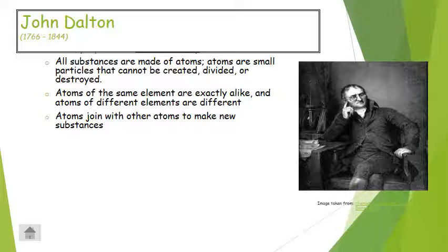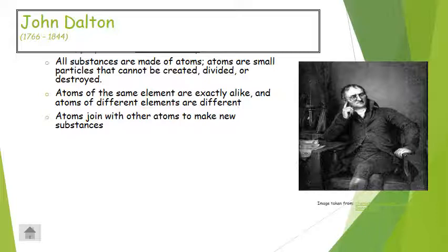Before atoms, it was pretty much thought that things were made out of qualities, like something was red or hard or hot, or had a water quality or earth quality. They didn't think that things were broken up into smaller and smaller parts. Maybe they did, but it didn't matter.